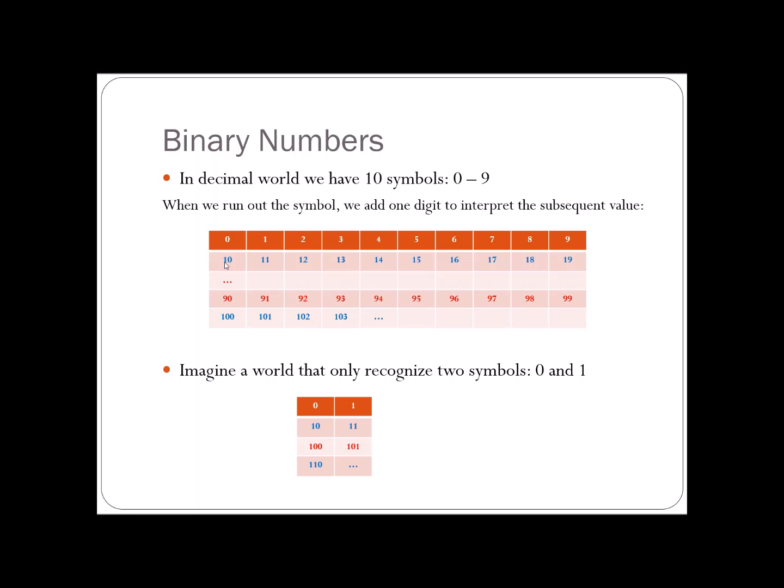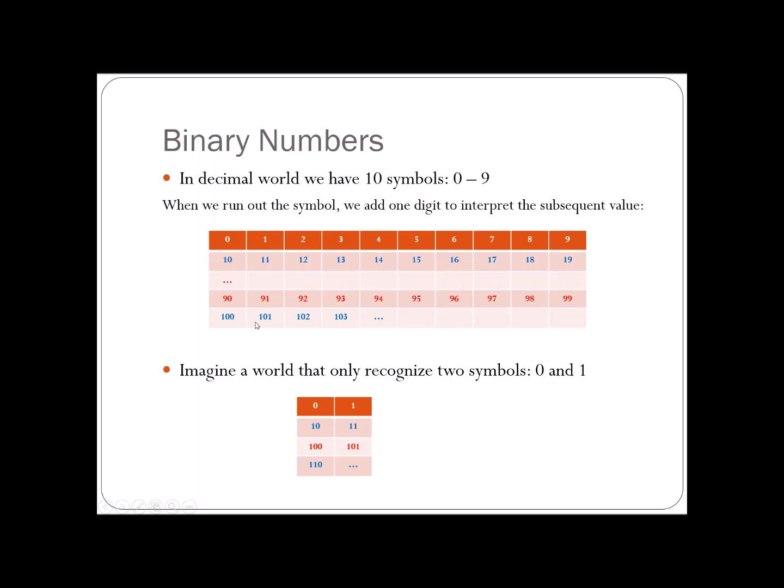So it will be 1, 0, which is 10, and then again 1, 1, 1, 2, 1, 3, until 1, 9. We run out of the last digit symbol, and then we move to the second symbol. So it will be 2, 0, which is 20, 2, 1, 21, 22, and so on and so forth. Until 19, we run out of symbols. Okay, we add one more symbol at the beginning.